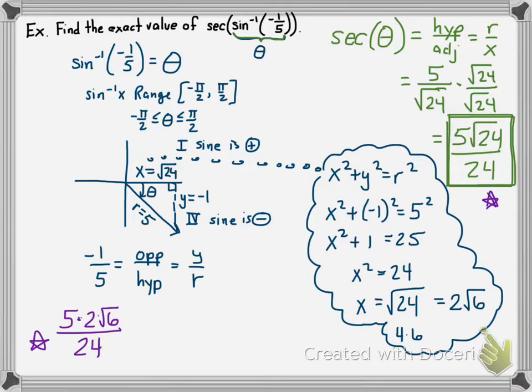And then you could simplify some more by factoring out a 2 on the top and the bottom, and that would give you 5 root 6 over 12, which also is a fine final answer.